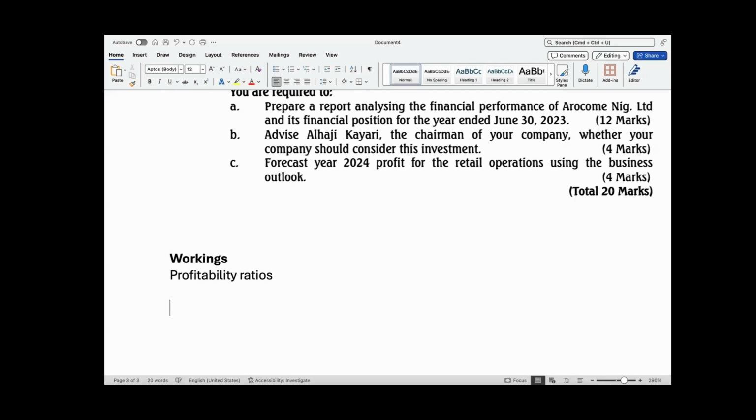The most important profitability ratio is return on capital employed.